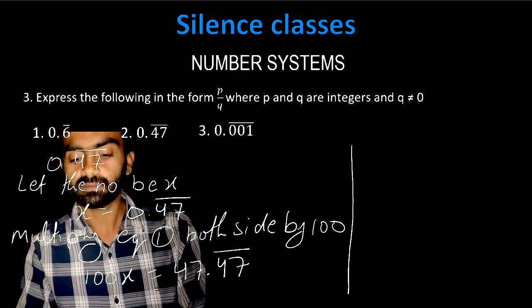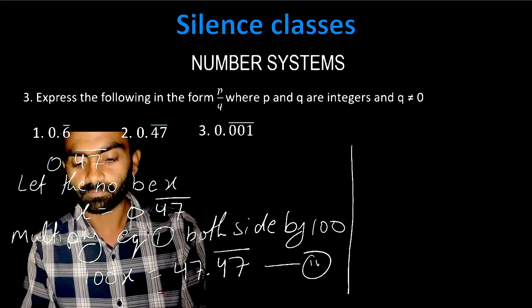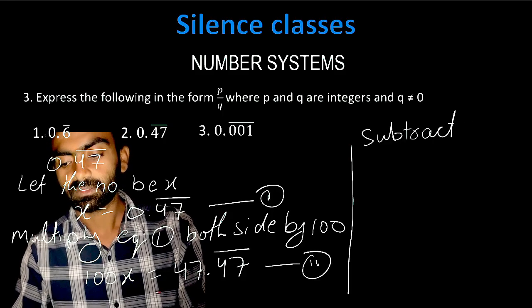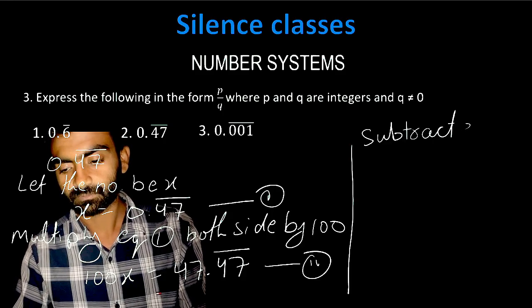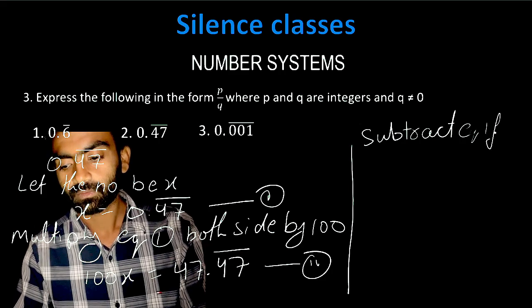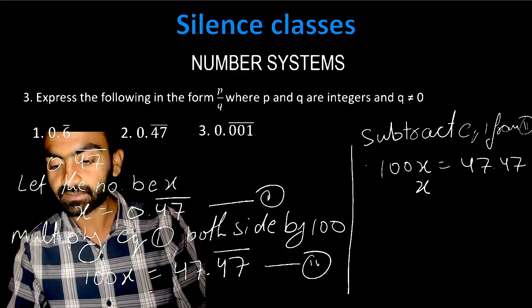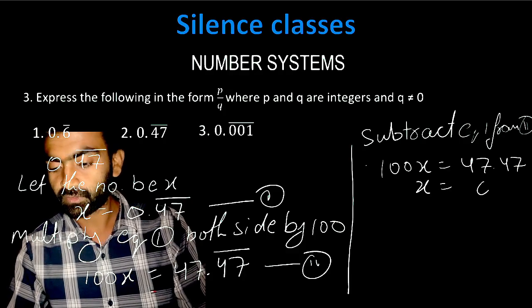Now subtract equation number 1 from 2. So we subtract 100x is equal to 47.47 and x is equal to 0.47.